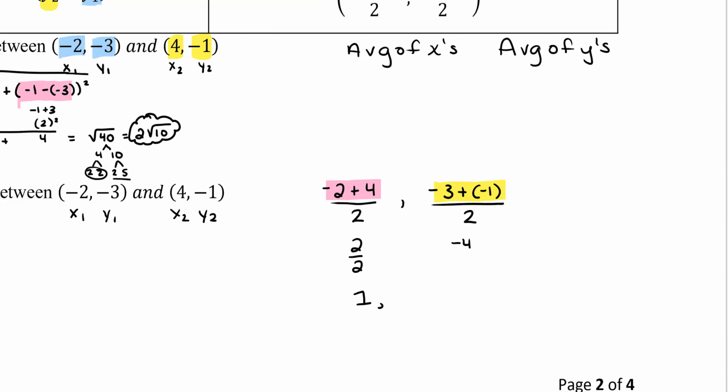So I have -4 over 2, which is -2. So what does that mean? That means that the location right in between these two is 1, -2. So remember, this is the location. This is halfway between the 2 points.